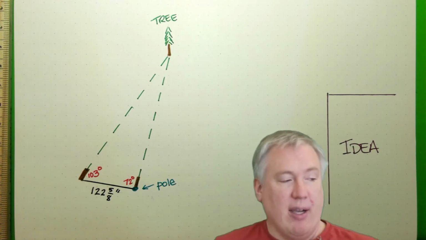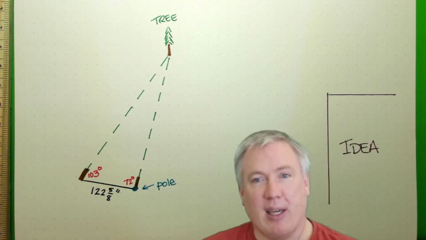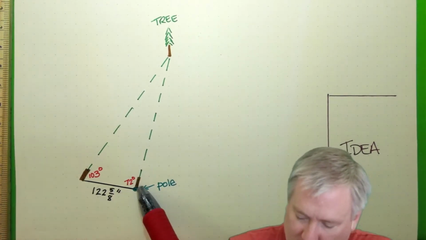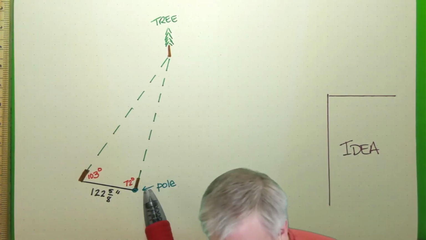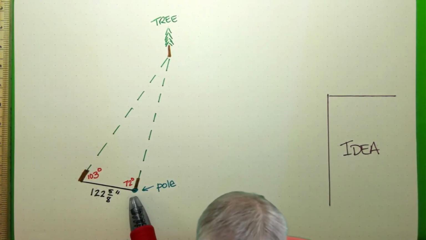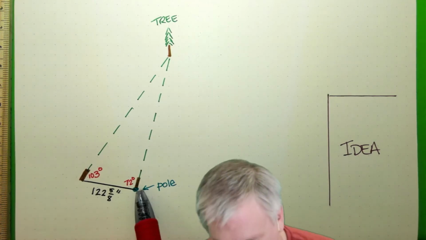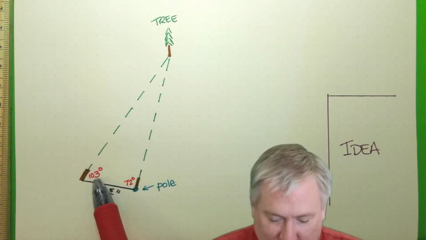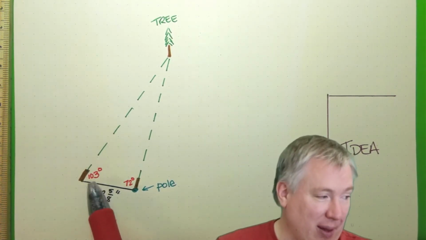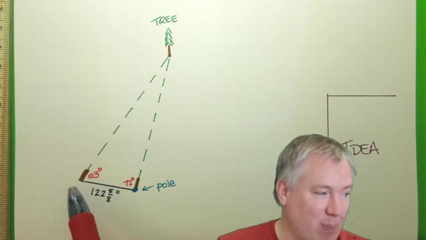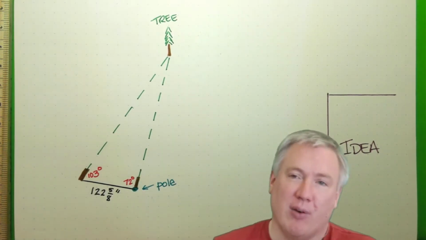Now, this drawing does not need to be perfectly to scale. You can look right here, this angle as drawn is close to a right angle, and I put 72 degrees. And this angle as drawn is an acute angle, less than 90 degrees, but what I recorded when I measured it was 103.